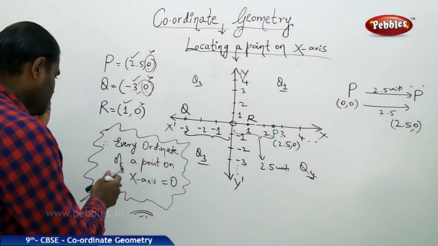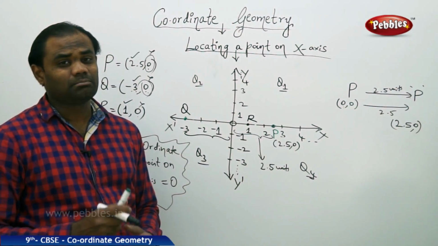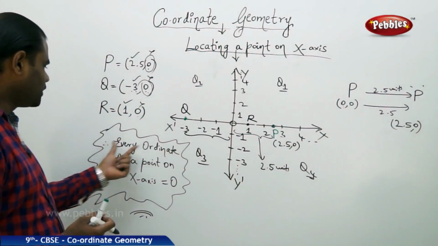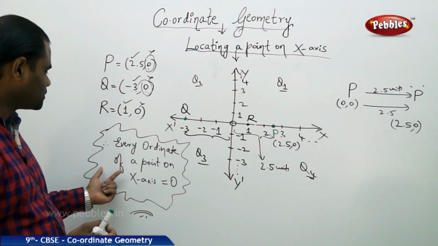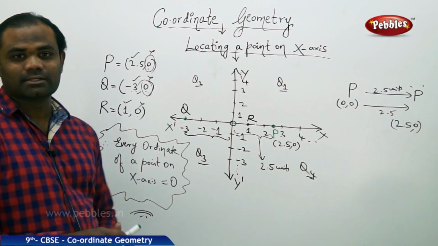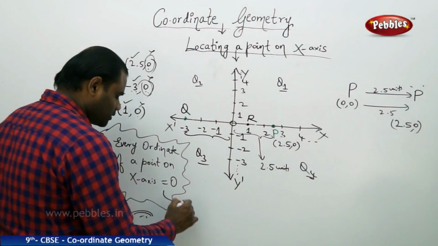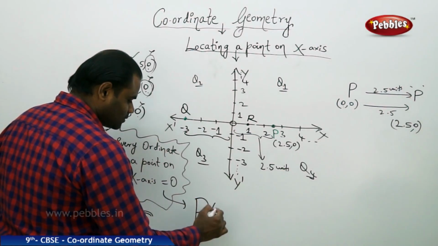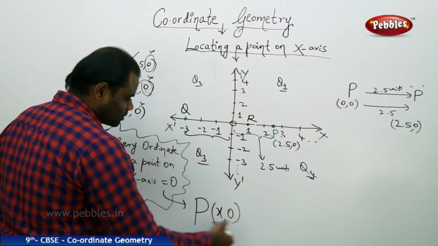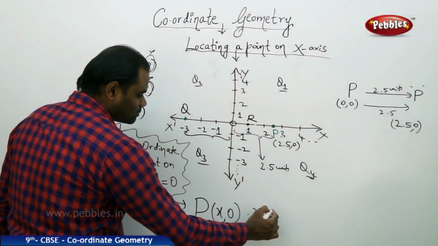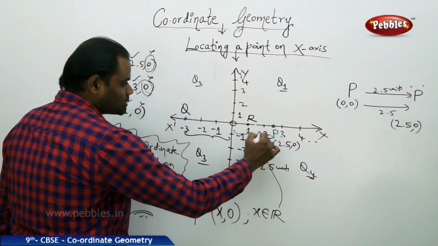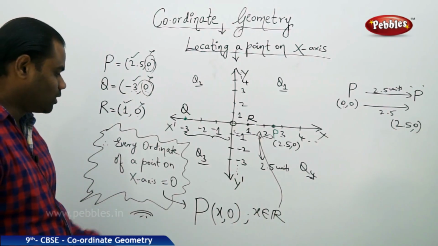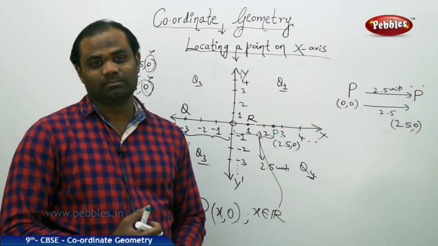So this is the learning outcome in the case of any point on the x-axis. Every ordinate, or every y-coordinate, of a point on the x-axis is 0. So any general point you take on the x-axis would be in the form (x, 0) for all x belonging to the real numbers, which is what we learn as the learning outcome.